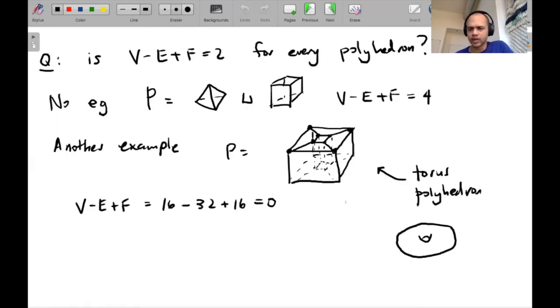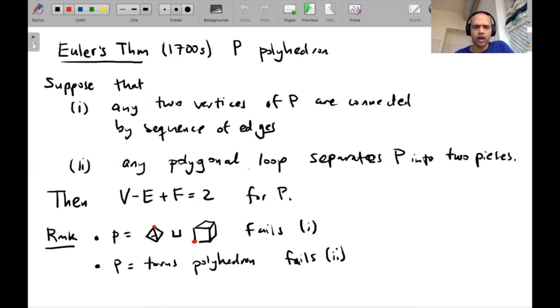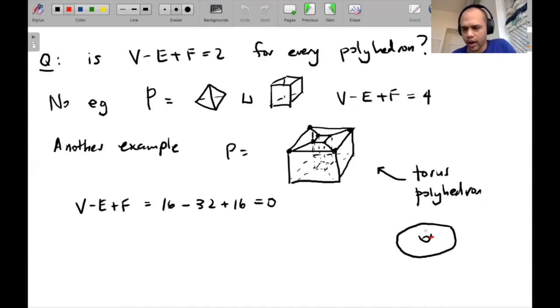Maybe it's easiest to see this in this picture. The claim is that there is a loop which does not separate P into two pieces. Here is such an example. If you cut along this loop, you still just have one piece. And in this picture, you can draw it polygonally, sort of like this.